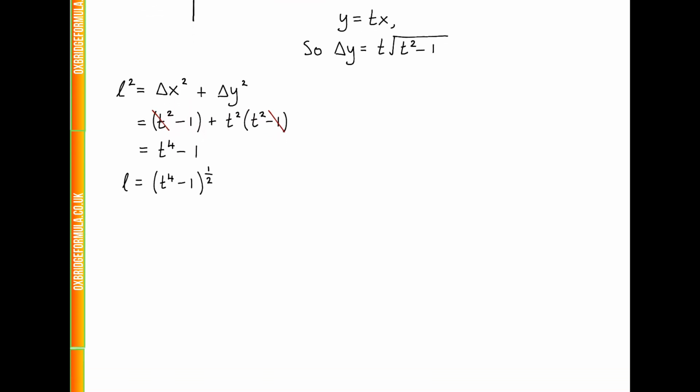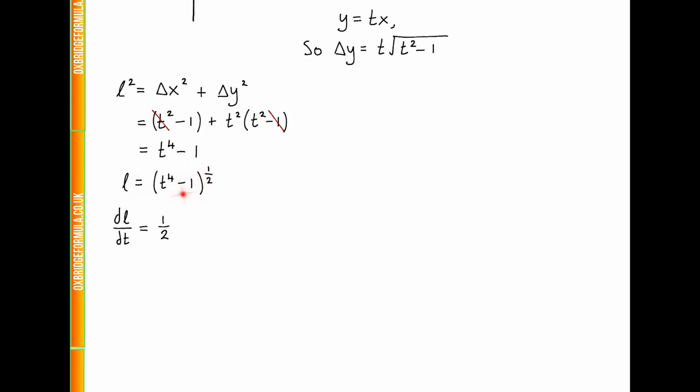Why do you think I've written it as to the power of half instead of square rooted? Remember that what we want to do is take the time derivative of L, and so it's more helpful to us to have it in this form. Which rules would you use to take the derivative of this? What we're using will actually be the chain rule. How do we apply this? First, we bring down the power. Then, we have to multiply by the derivative of the inside.